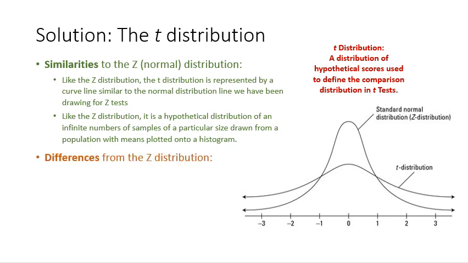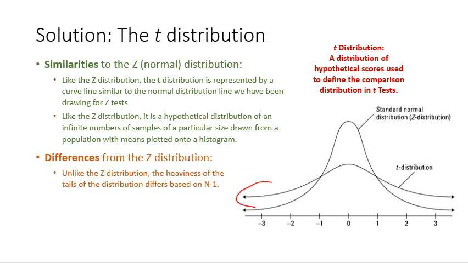So the differences from the Z distribution: unlike the Z distribution, the heaviness of the tails of this distribution differs based on n-1. In the T distribution, the one that's shorter, lower on the chart, we have this really fat tail, so there's going to be a lot of values in this tail.